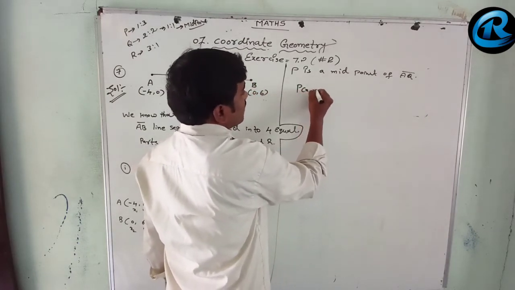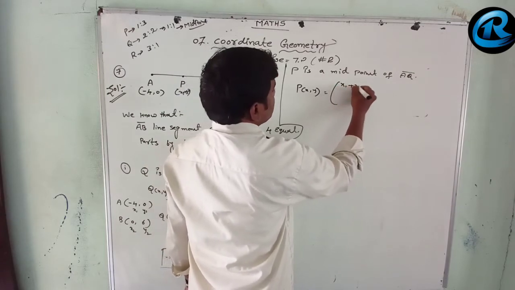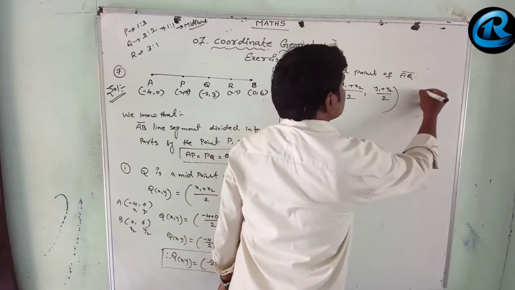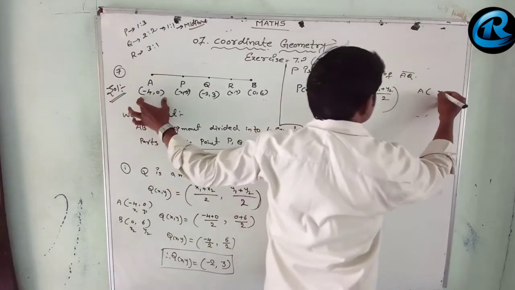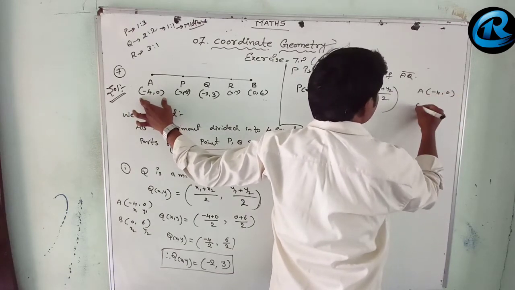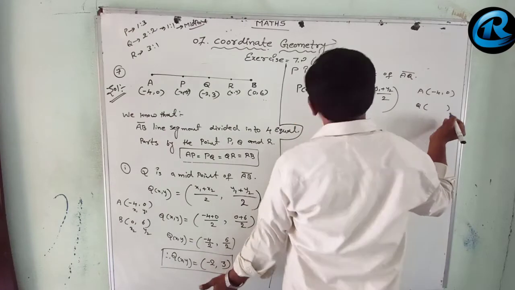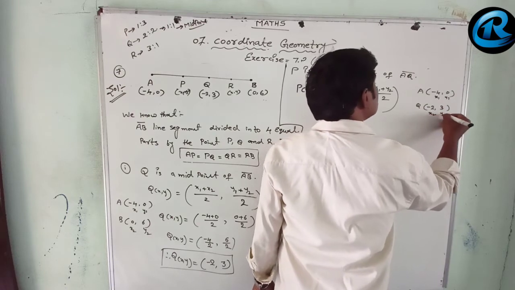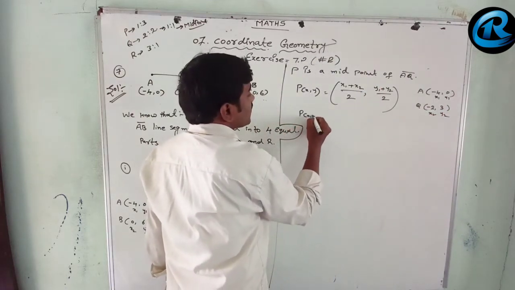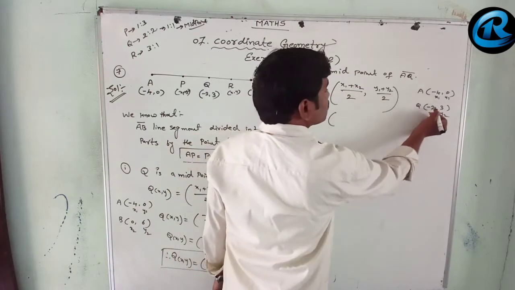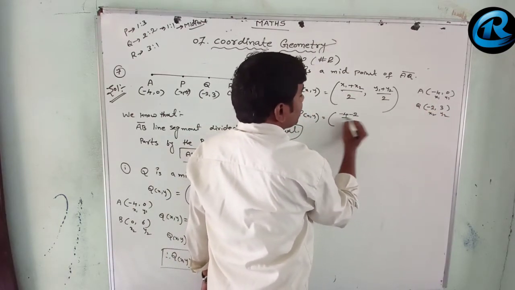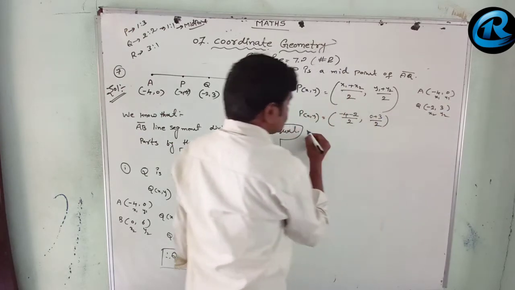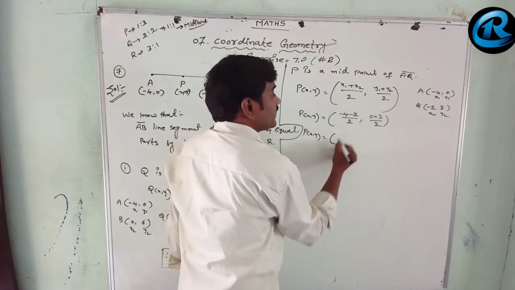the midpoint formula, that is P(x, y) is equal to (x1 plus x2) by 2 comma (y1 plus y2) by 2. Which points are we using? A point, that is minus 4 comma 0, and Q point that we got as minus 2 comma 3. Let us substitute: P(x, y) is equal to minus 4 minus 2 by 2 comma 0 plus 3 by 2.